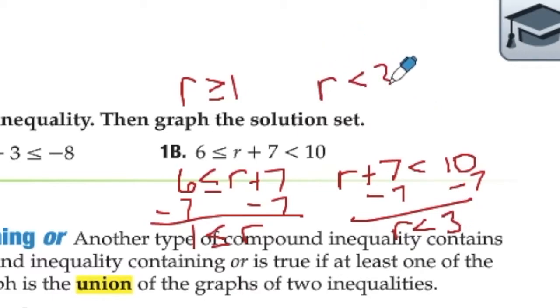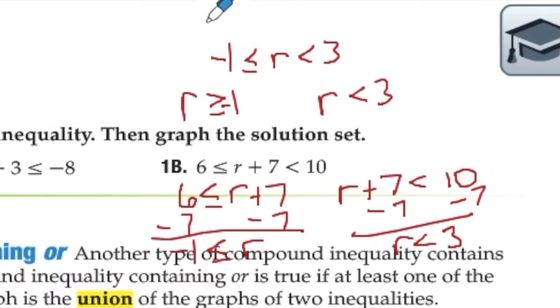We can write that compound inequality as -1 is less than or equal to r, and it's less than 3. On a number line, that's going to be a closed circle at -1 and an open circle at 3, and the solution set would be joining the two together.